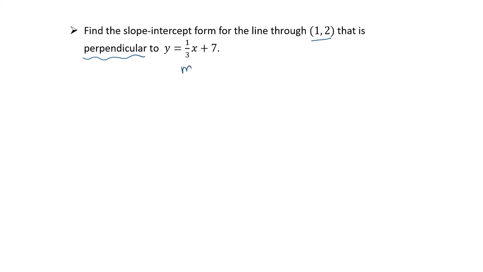So the slope here is 1/3, but we want the slope of a line that's going to be perpendicular, so that'll be opposite in sign and a reciprocal number. So I'm going to be using this information to get my slope-intercept form for the line.